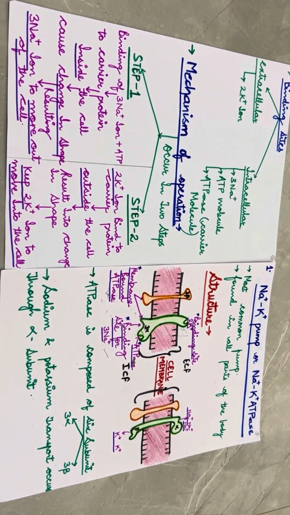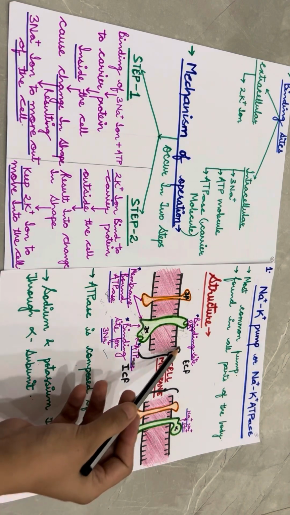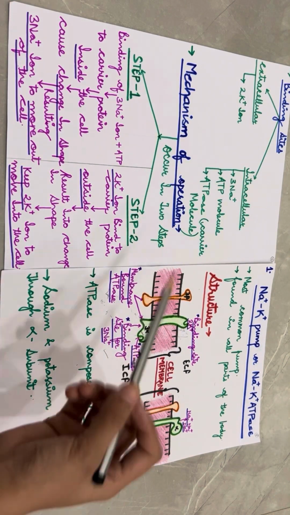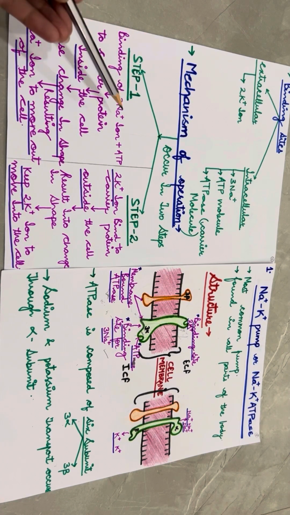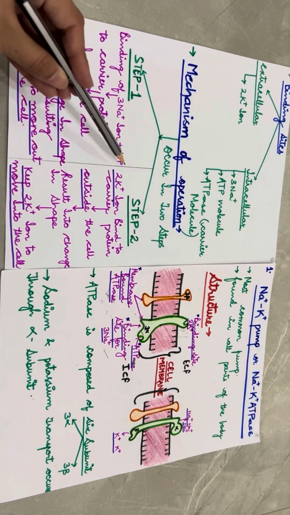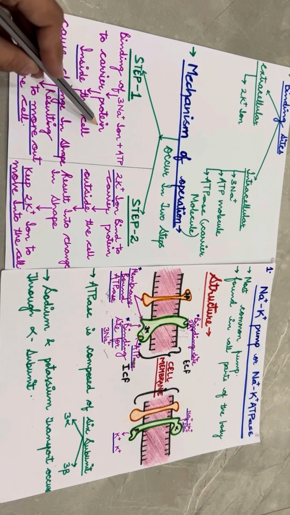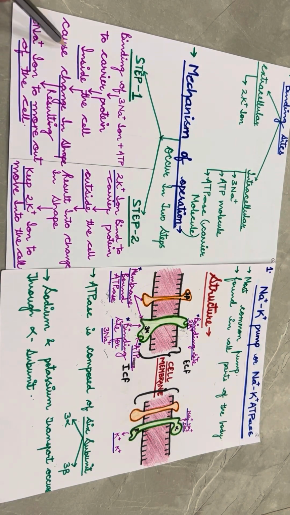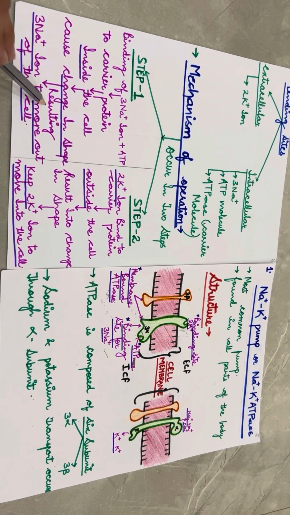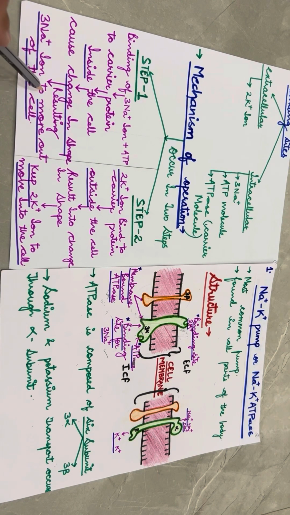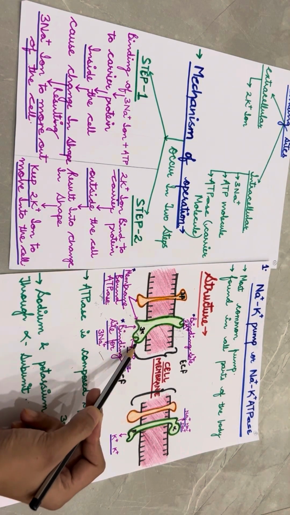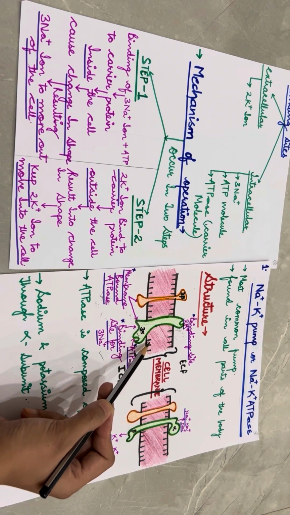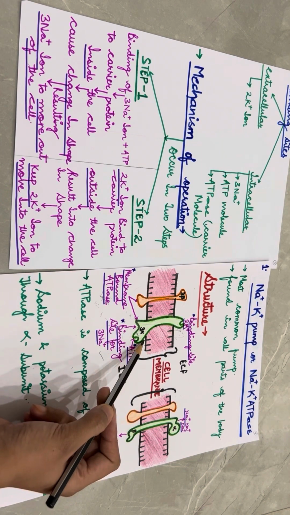Now this pump works in two steps. As you can see over here, in the first step, binding of 3 sodium ions plus ATP to a carrier protein inside the cell causes a change in shape, resulting in the 3 sodium ions moving out of the cell. So first, binding of 3 Na over here plus the ATP molecule over here to this carrier protein.